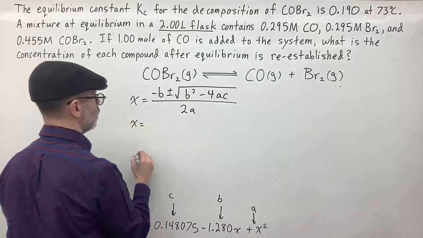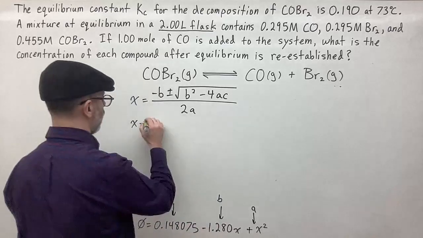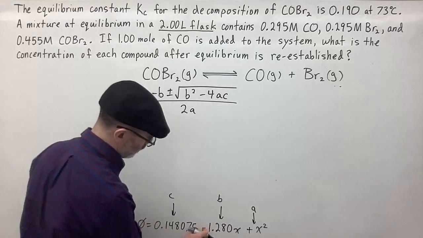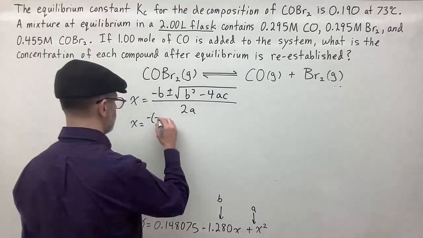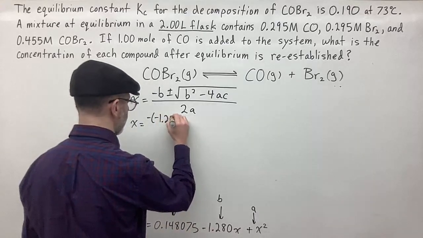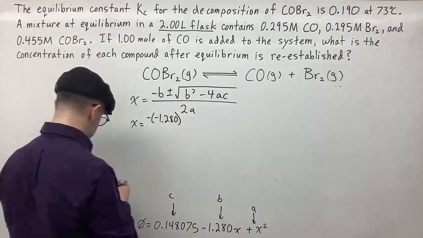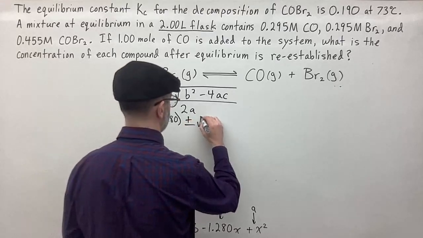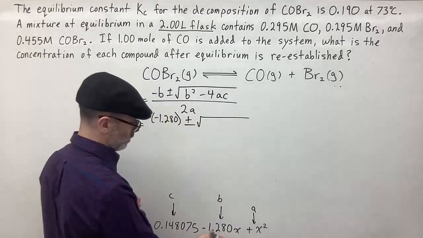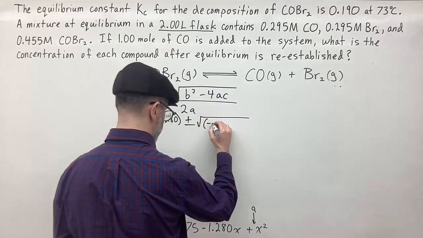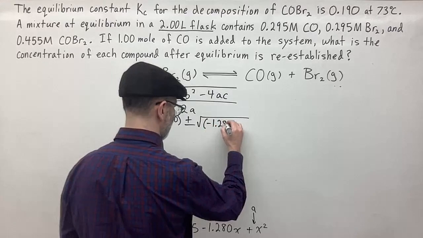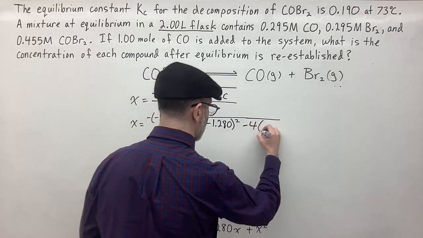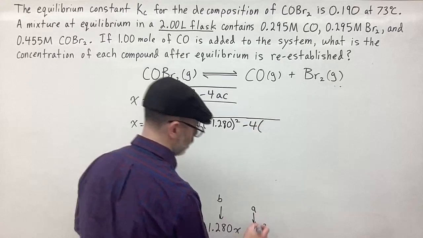So x is going to be equal to negative B, which is already negative, so it's going to be negative multiplied by negative 1.280, so 1.280. And then it's going to be plus or minus the square root of b squared. Again, b is this negative number here, so negative 1.280 squared, minus 4 times a. A is 1. Let's put the 1 there.